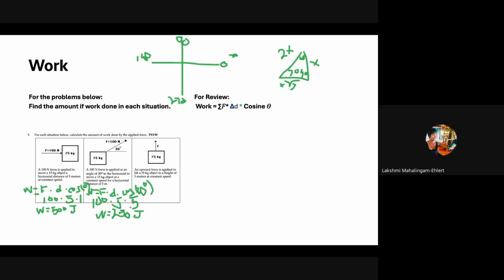How did you get 0.5 again? Cosine of 30 is 0.5, right? No, is it 0.8? It's 0.866. Oh, I was wrong.